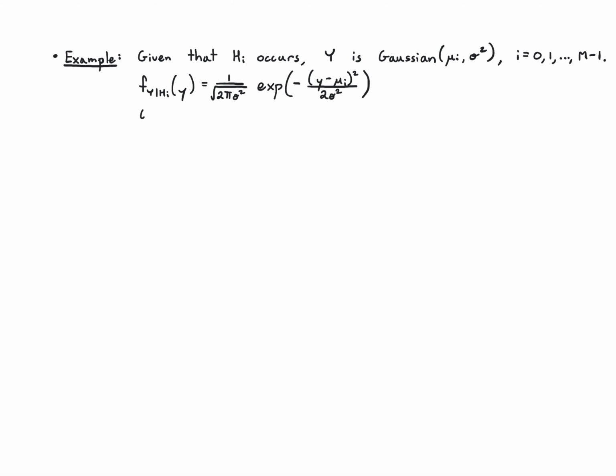Okay, so what we're going to do here is we're just going to assume that the hypotheses are equally likely, and so the MAP and ML rules are going to be the same. We're not even going to worry about working out the MAP rule, so we're just going to work out the ML rule. So what's the ML rule going to be?